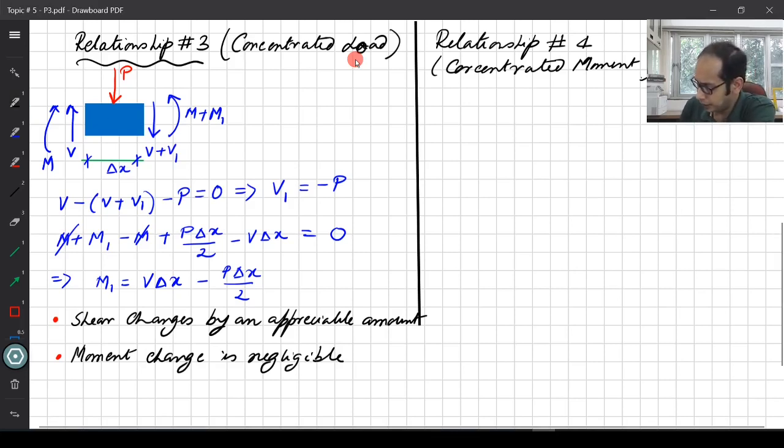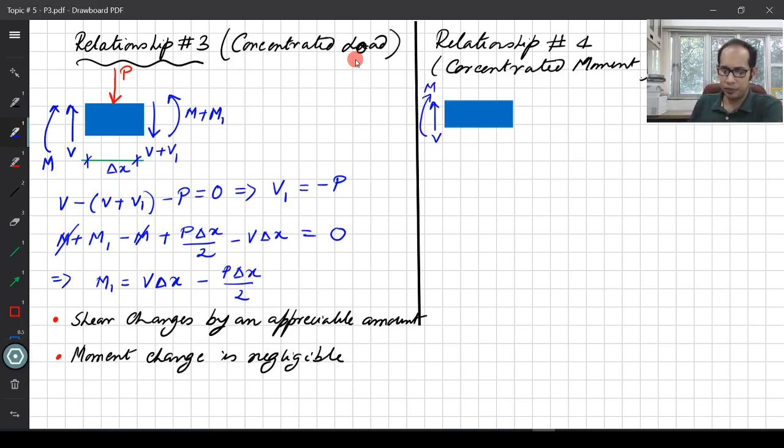So again, let's take the same element. If I take another small element over here, where you have the force V and M, and here let's say we have a point couple, a concentrated moment acting at that particular point, and let's say the magnitude of that one is M naught.